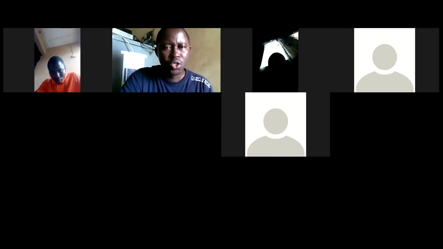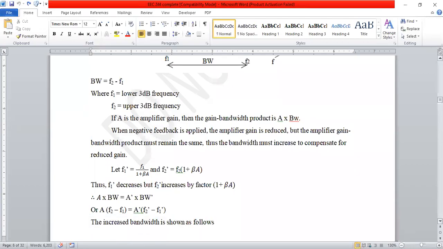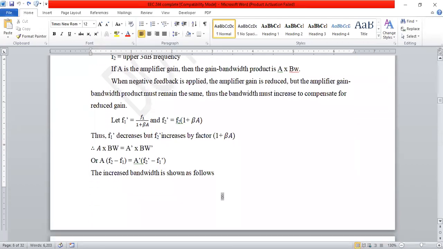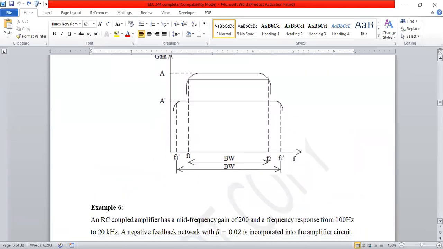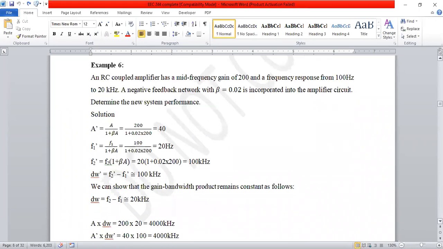I hope you have your notes open with you also. So let's look at my screen now to check my own notes. Now look at example 6. Right, this is correct now.